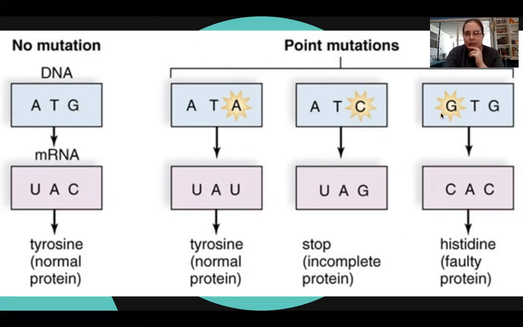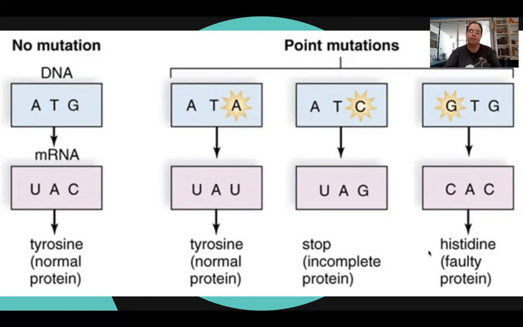Let's see. What if the first one changes? Instead of ATG, it's GTG, leading to CAC, and that codes for a different amino acid, histidine. Now, the function of a protein is based on the exact amino acids in an exact order, because the placement of the amino acids in the chain will determine how it folds up, and how it folds up determines its function.